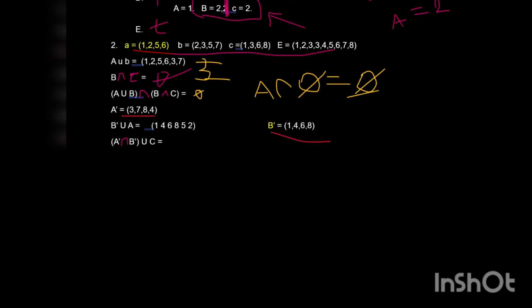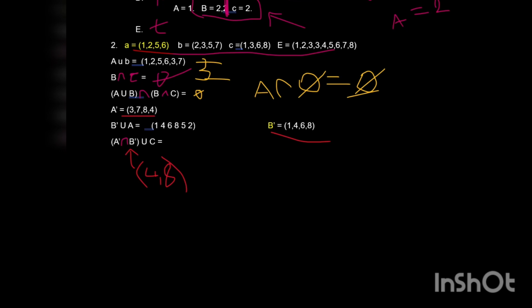Is there anything common between those? Yes, it's 4 and 8. That's the intersection, because that's what's common in not A and not B.